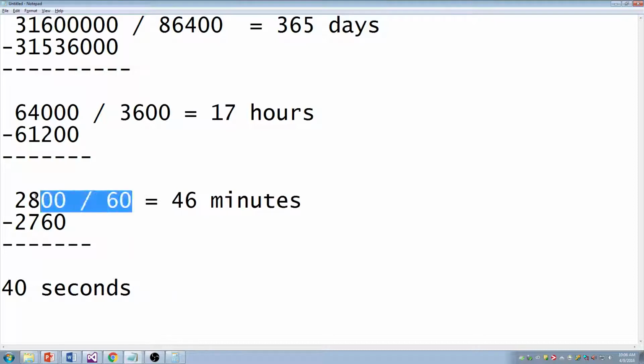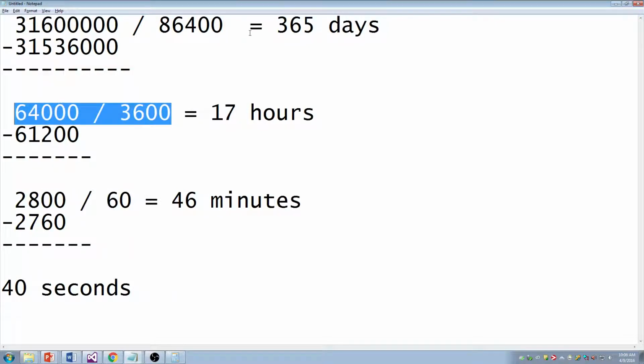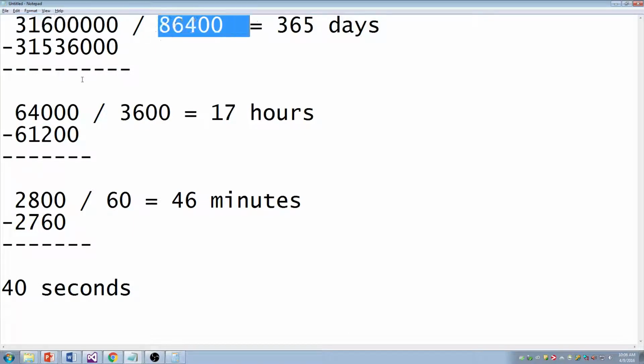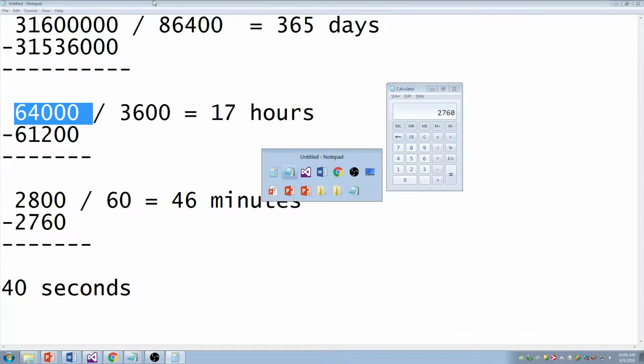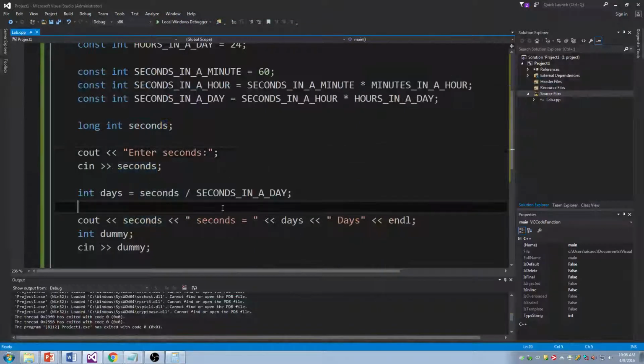Okay. This is the calculation we have to do at each step. And this number right here, you get by doing modulo. You take this, modulo this, will equal this. Okay. So this number is what we're going to calculate right now. So we're going to keep this off to the side here. I'm going to create a number called days remainder.